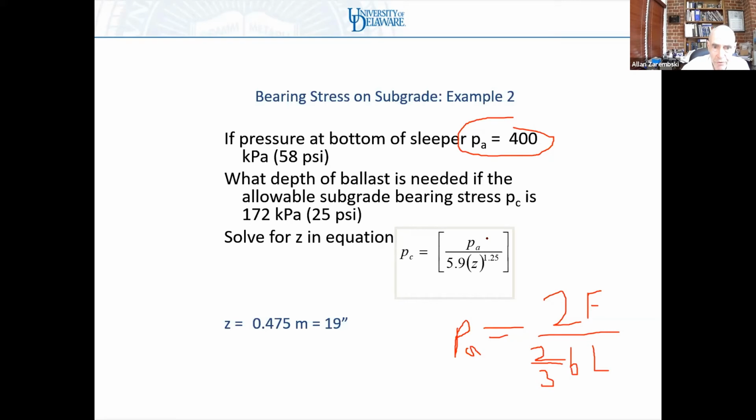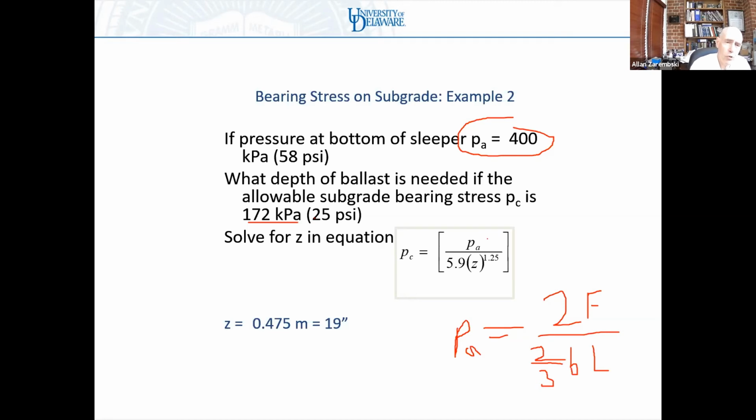at what depth do you need to have an allowable bearing stress of 172? If your subgrade only allows 172 kilopascals, which by the way is a fairly standard type of design value.